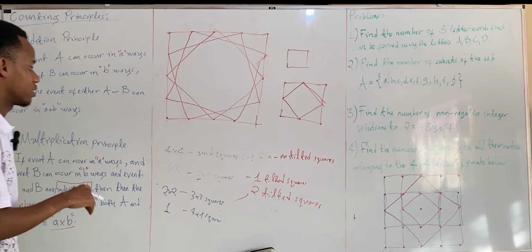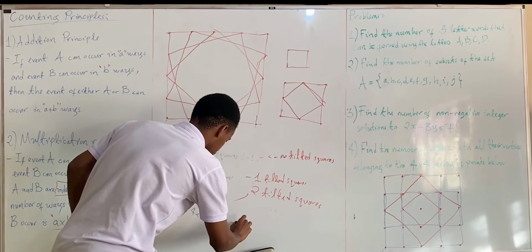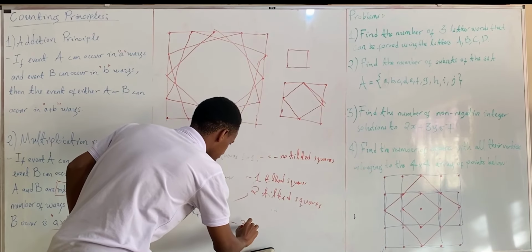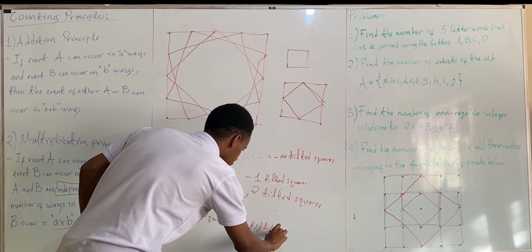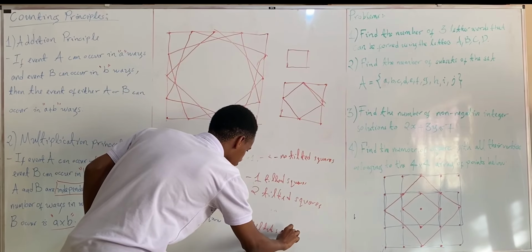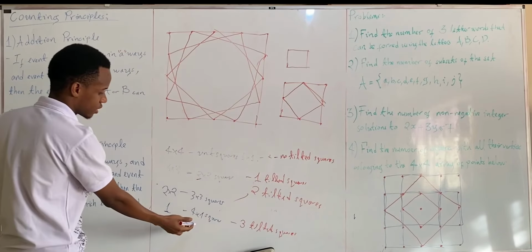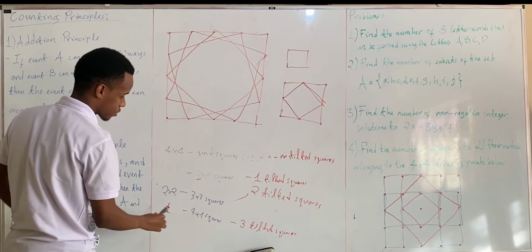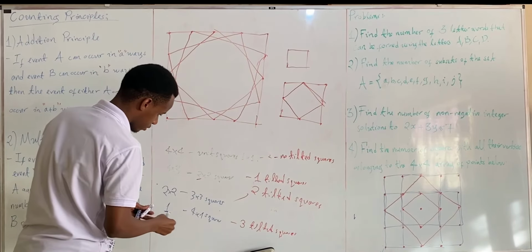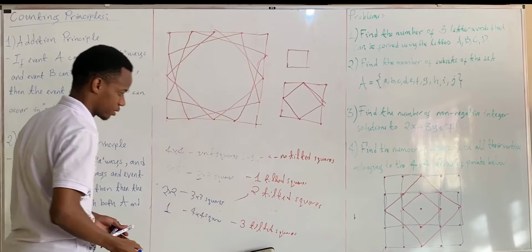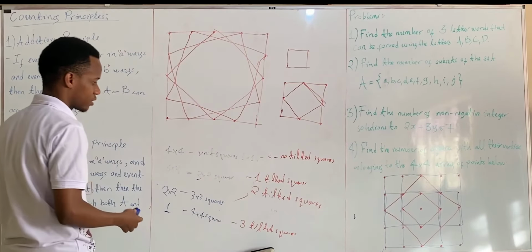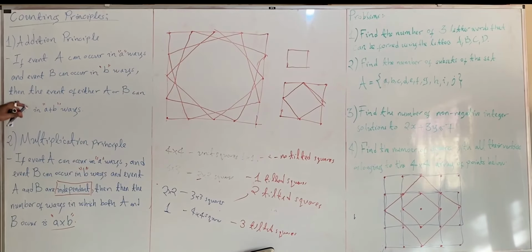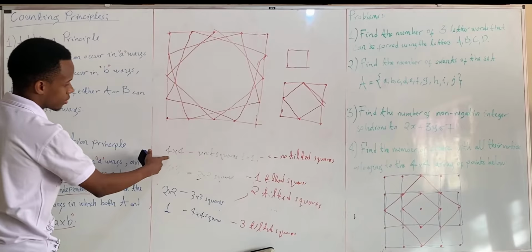So there are 3 tilted squares which are contained in 4 times 4 squares. So after that, we can try to use the addition principle, because these are independent events.